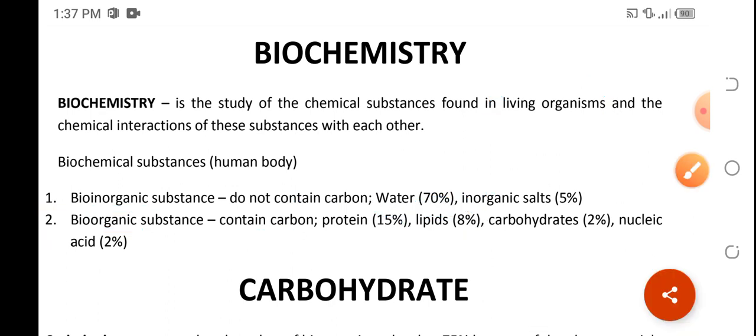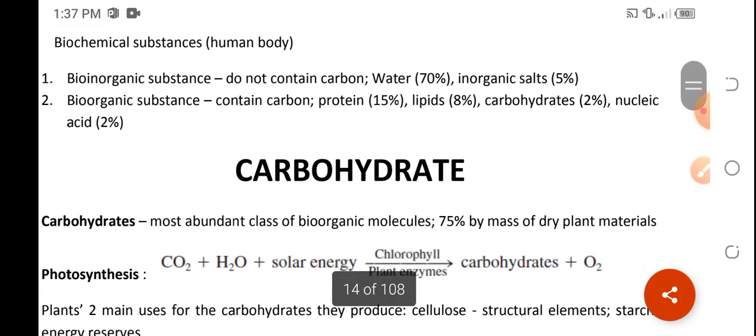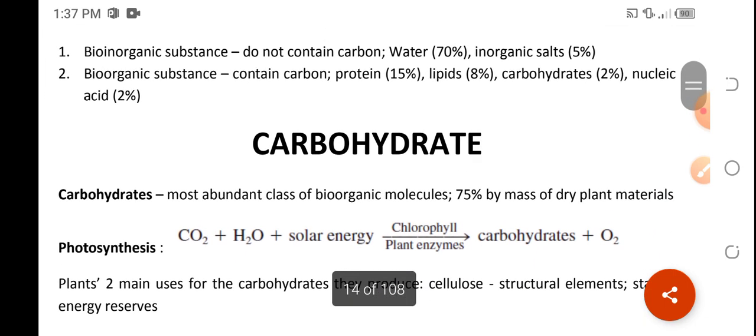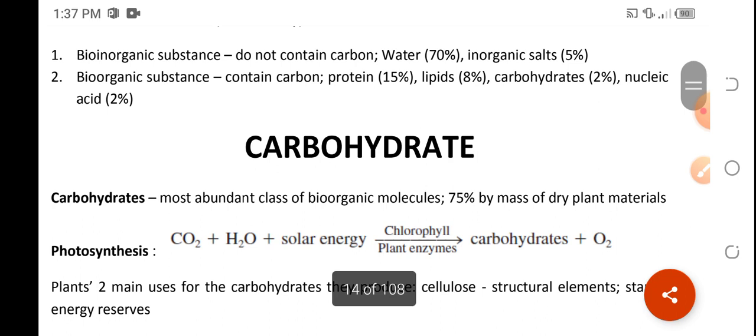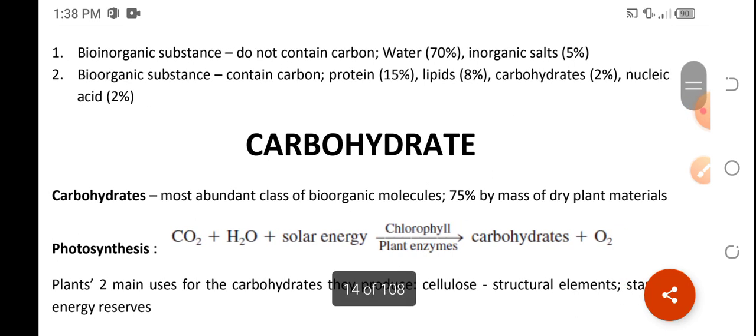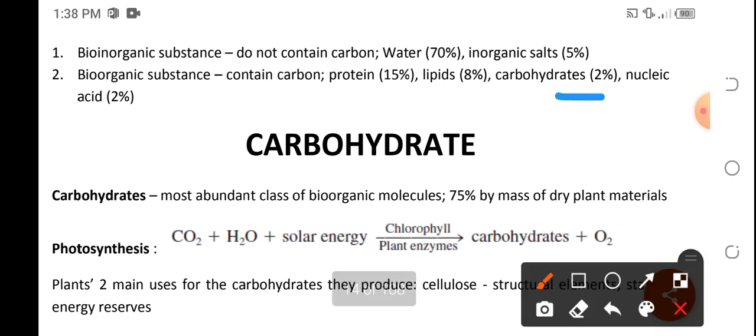Okay, so the first bioorganic substance that we're going to discuss for this course would be carbohydrates. Okay, carbohydrate is the most abundant class of organic molecules. Though sa human body, parang 2% lang siya kanina, pero in totality, ang carbohydrates ang pinakamadami among all bioorganic substances.